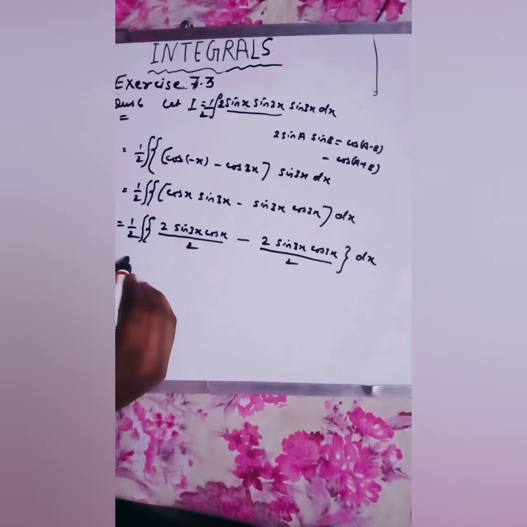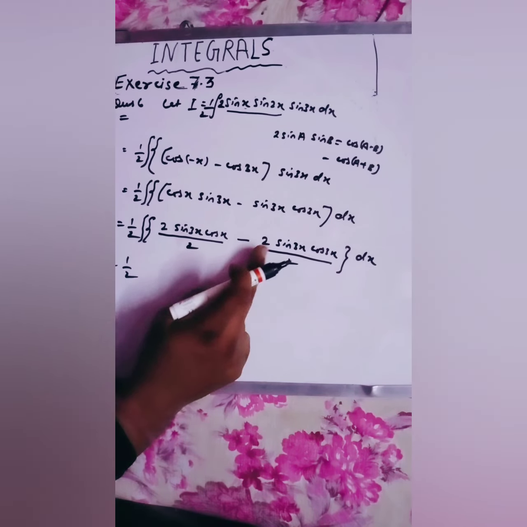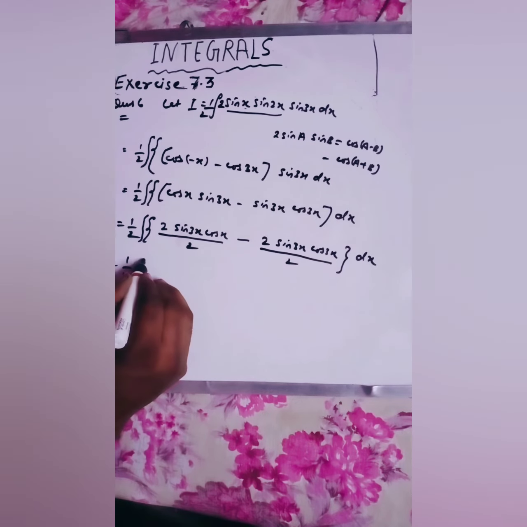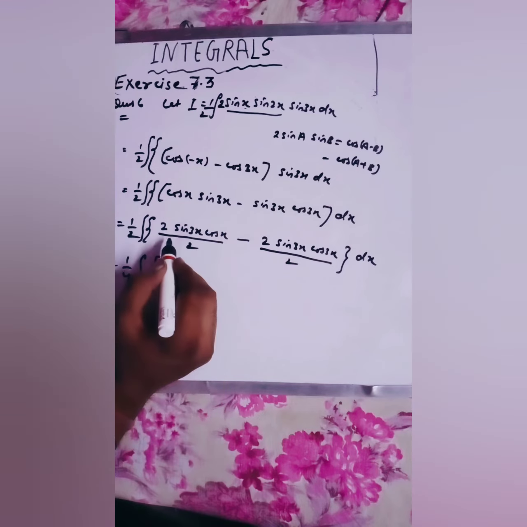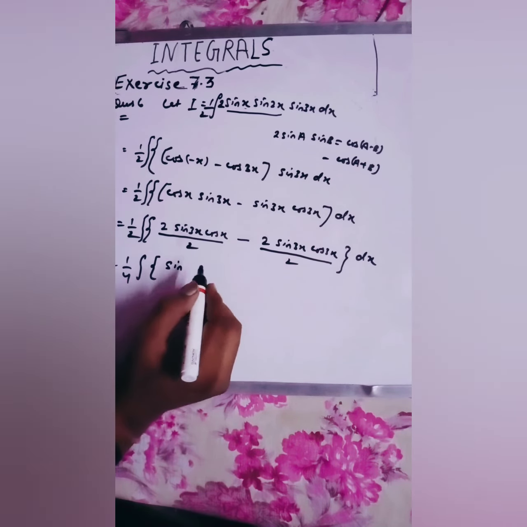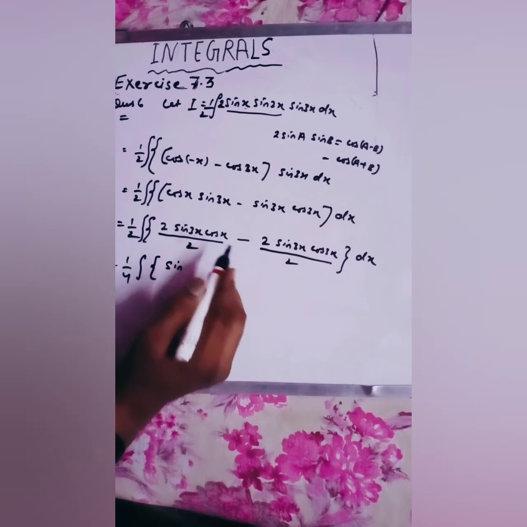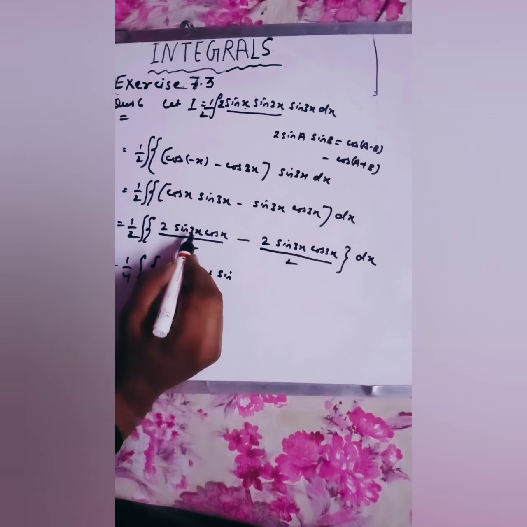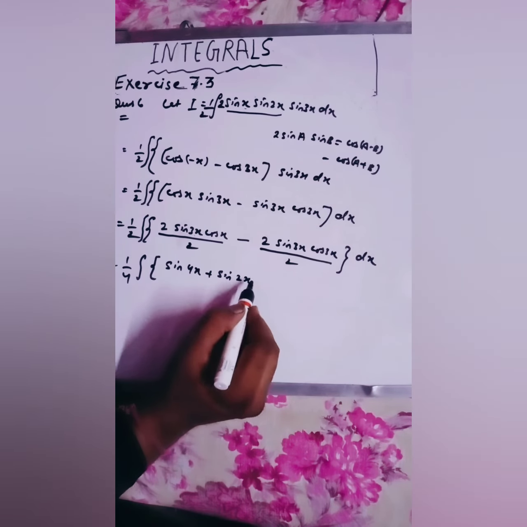So it would be half. Again 1 by 2 I'm taking outside. This would be 1 by 4 integral of bracket, and this is the formula of sine: sine of this plus this plus sine of this minus this, that would be 2x.